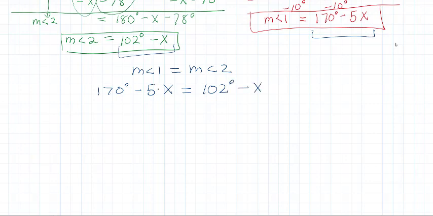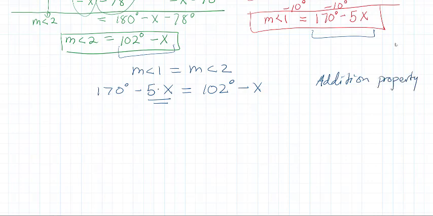Now, let's combine like terms. How do we do that? Well, we have to move all the constants to one side and all the variable terms to the other. Let's start by moving this negative 5x to the other side. We do that by using the addition property. Why did we choose to use plus x?